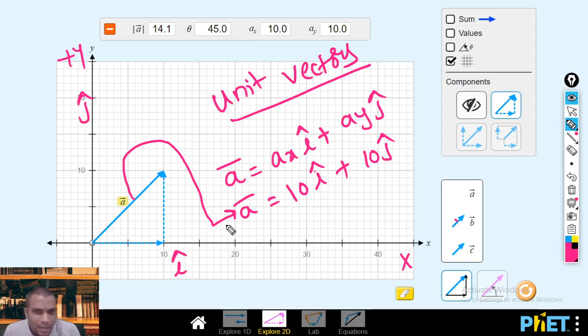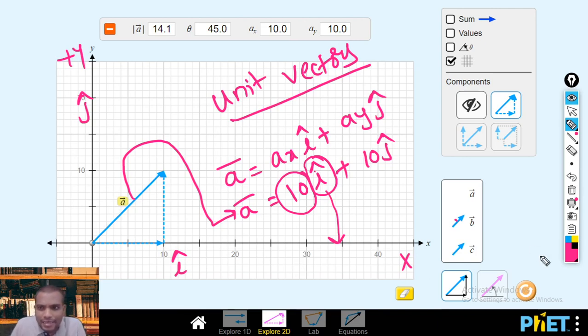Now a vector should represent magnitude and direction. So in this given equation, 10 represents the magnitude of the vector component along the x-axis, and i cap tells that this component is along the x-axis. Why? Because i is the unit vector along the x-axis.